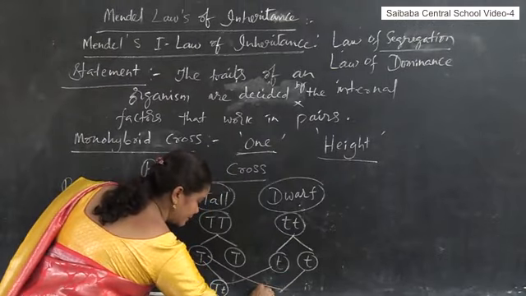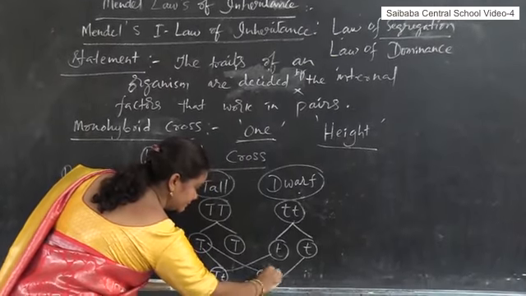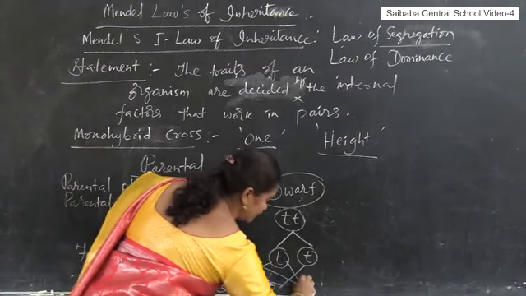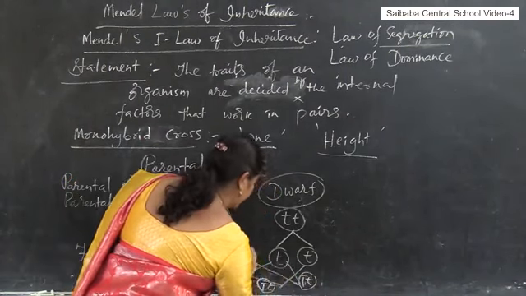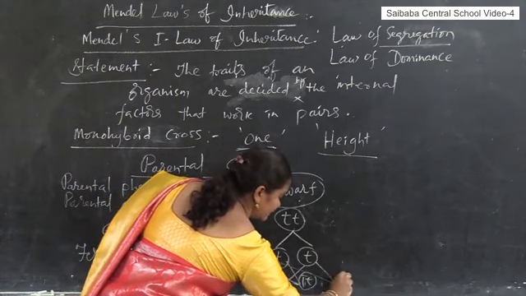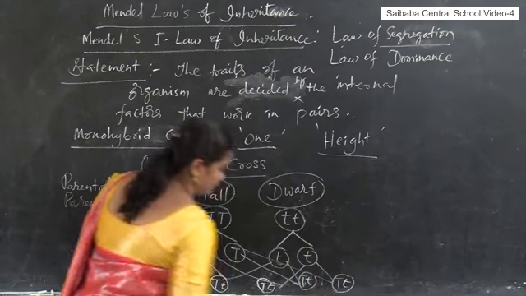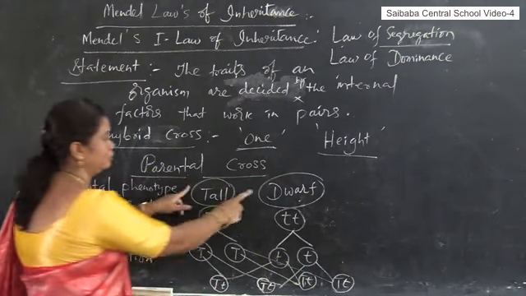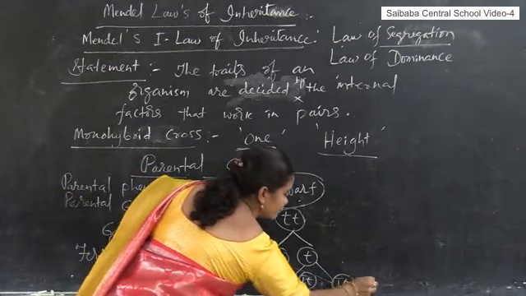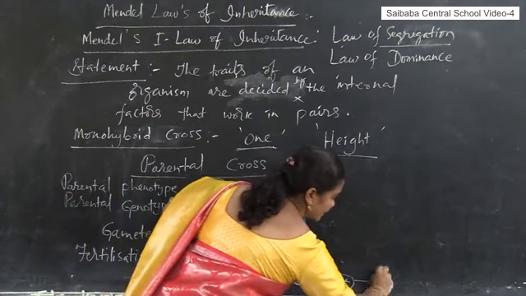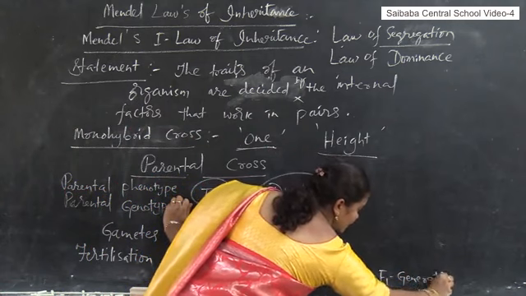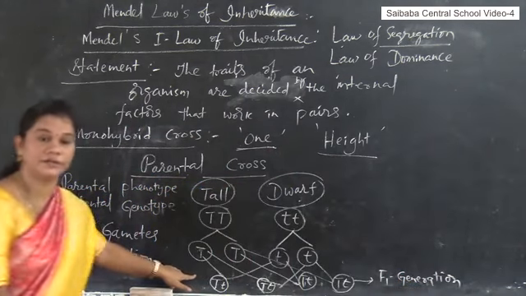Again, capital T, small t, and so on. When the male gametes fuse with female gametes and the two parents are crossed, the formed progeny is called as what? F1 generation. Are you getting my point?